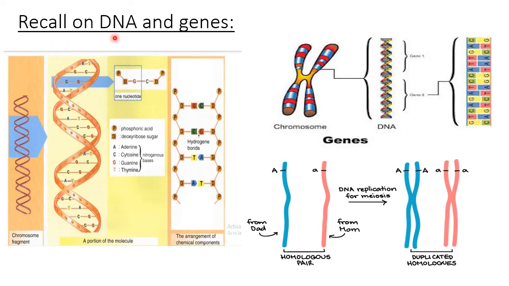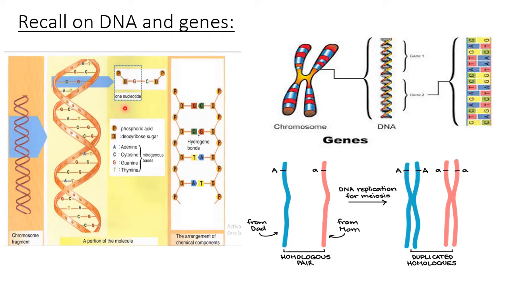A recall on DNA and genes. We've said that DNA or deoxyribonucleic acid, it is the macromolecule or large molecule that has double helix structure, as you can see. So it is composed of two strands. These two strands are composed of many nucleotides. What do we mean by nucleotide?